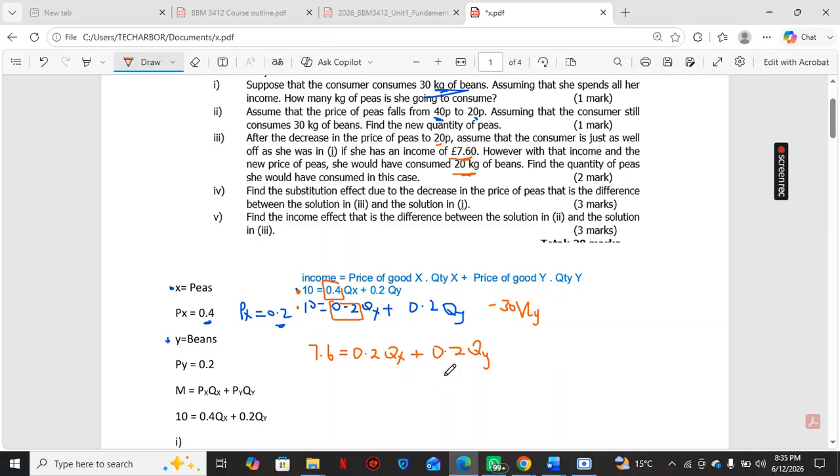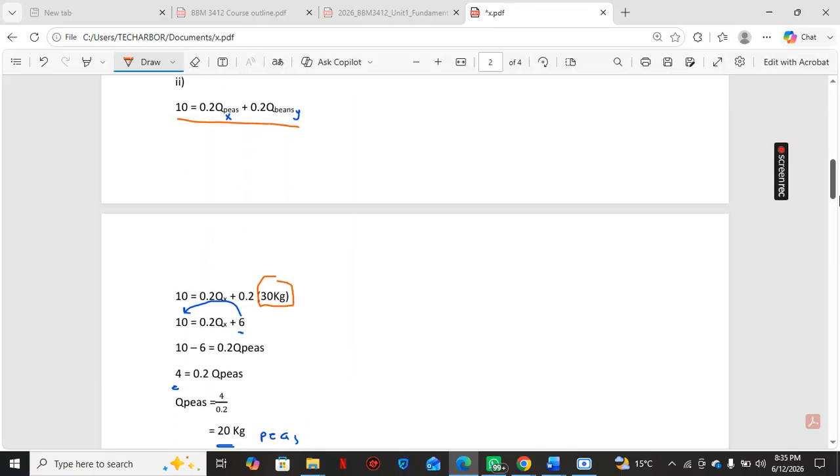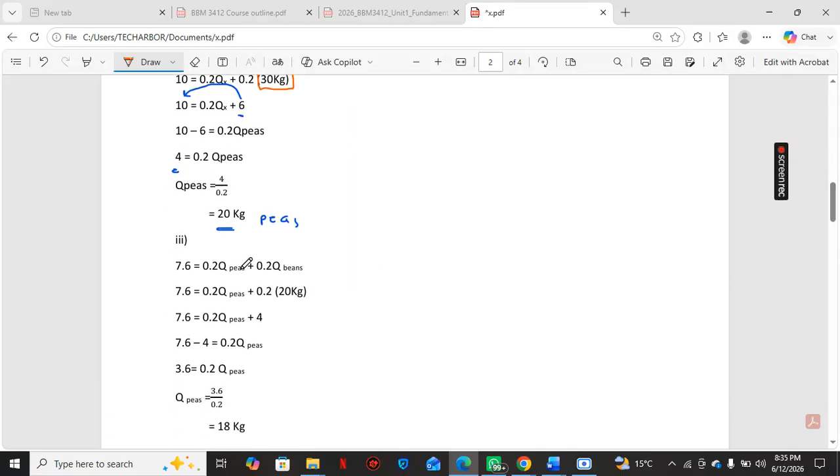The income has dropped here from 10 to 7.6. Peas QX, beans QY. Now they've told us that since the income has dropped, this person can buy 20 kg of beans.